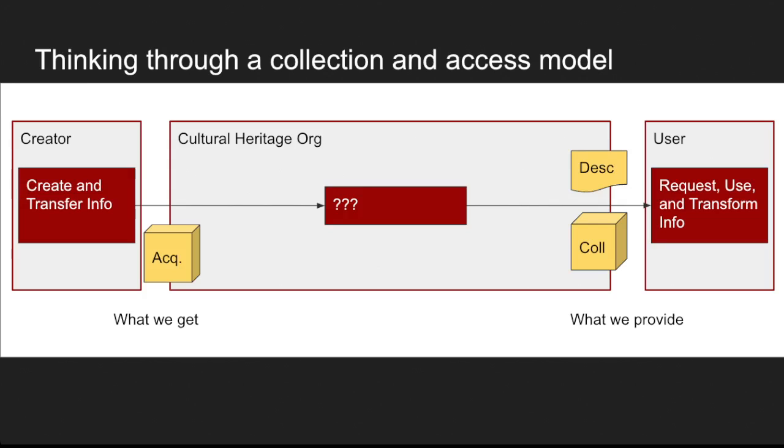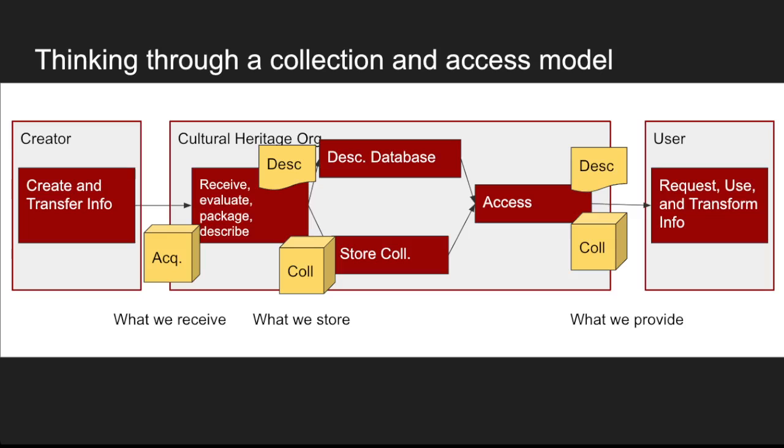It doesn't care about what we're doing on the inside, but this is a class a little bit about what's happening on the inside. And on the inside, we actually have a few processes here. So we get the stuff, and then we need to do something in order to commit to that stuff. We need to decide, is this packaged in a way that we can handle? Are there preservation risks involved with this stuff?